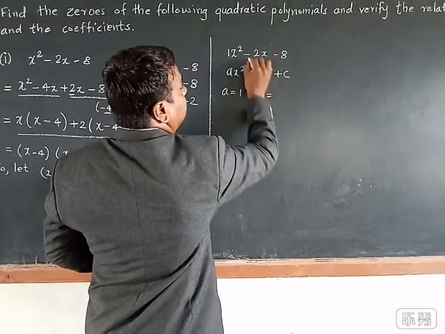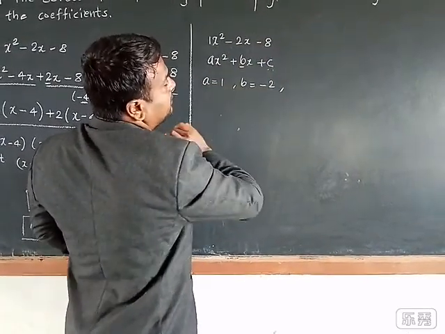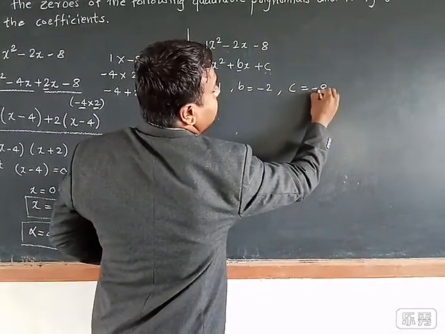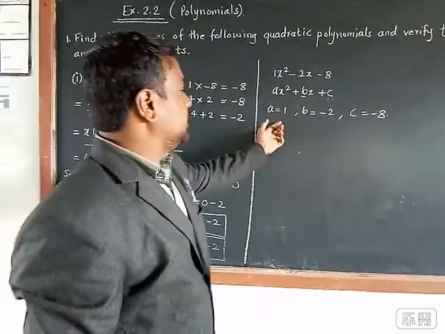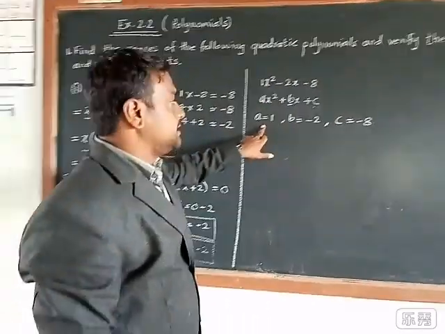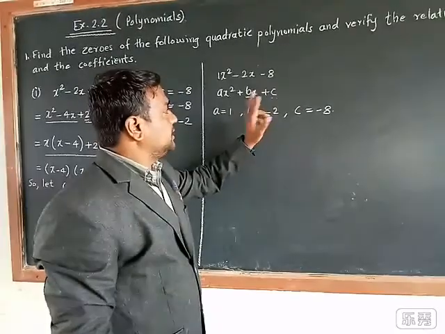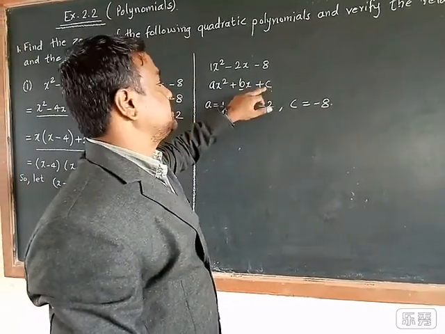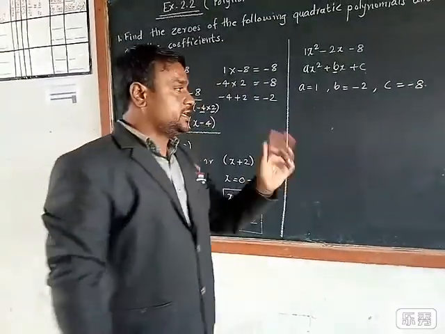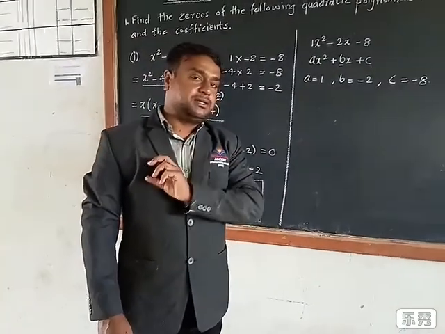The value of b is equal to minus 2, and c is the constant term, which is minus 8. So for this quadratic polynomial, the coefficient of x square, a, is 1; the coefficient of x, b, is minus 2; and the constant term, c, is minus 8.